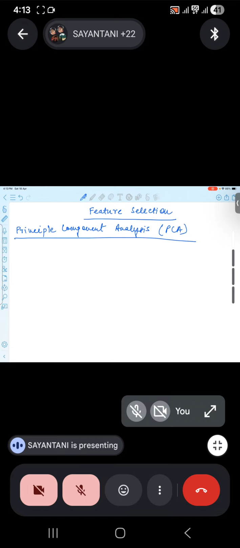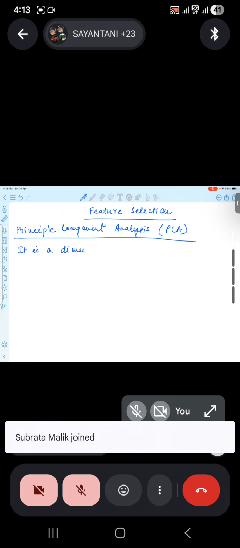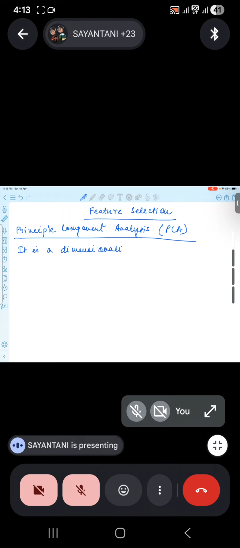So what happens in principal component analysis is that it is basically a dimensionality reduction technique. Okay, so suppose you have a two-dimensional data and you can convert that into a one-dimensional data, something of that sort. Okay, so what is the main motivation behind this type of technique?